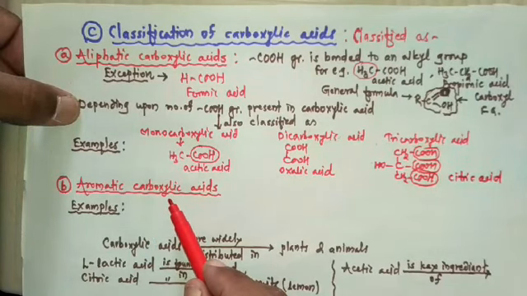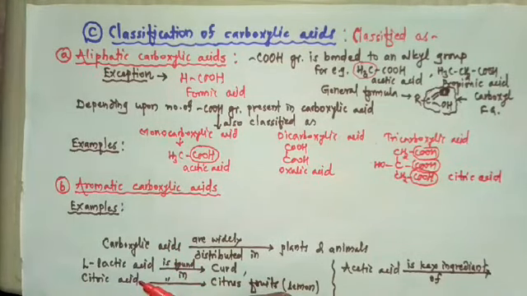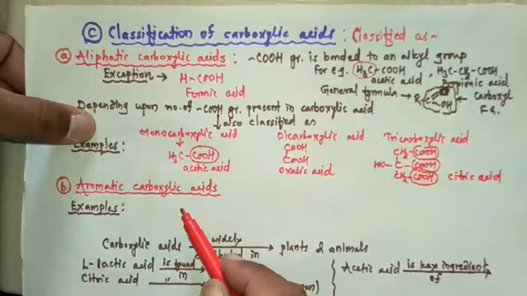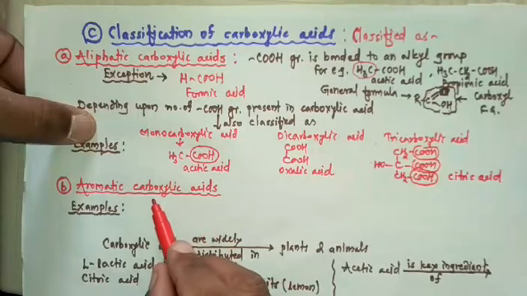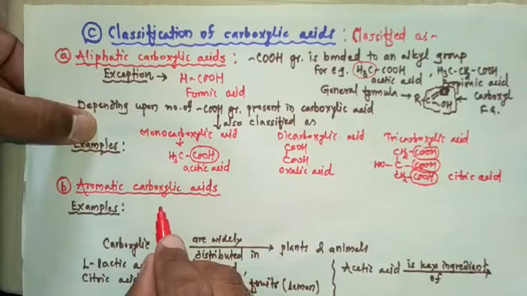So aromatic carboxylic acids are nothing but the carboxylic acids in which carboxyl group is attached to benzene or aromatic ring. So take examples.